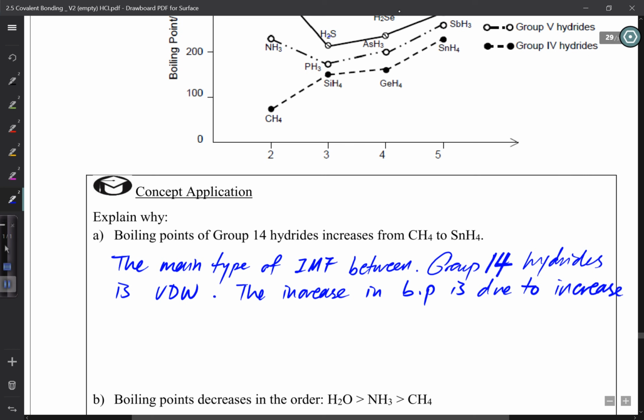The problem with Roman numerals is that you cannot assign the middle section, all the transition elements. So they use 1, 2, 3 up to 18, because then you can cover the transition elements as well. But for us, we have to use Roman.